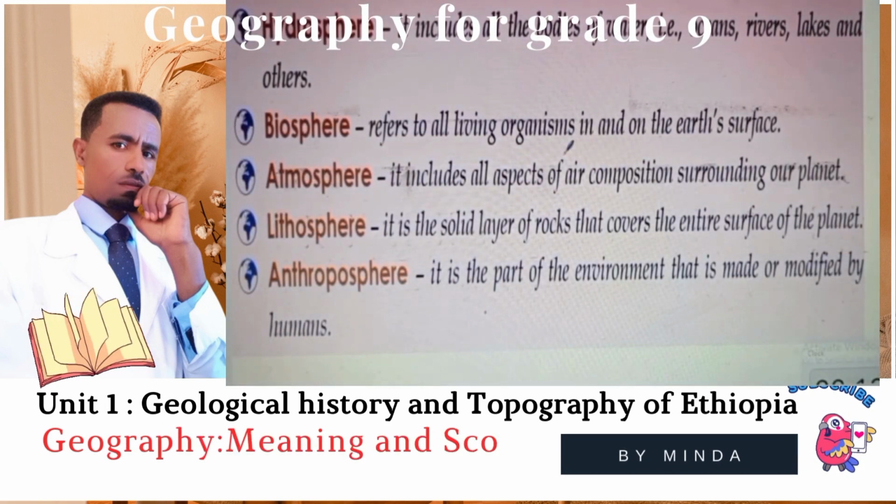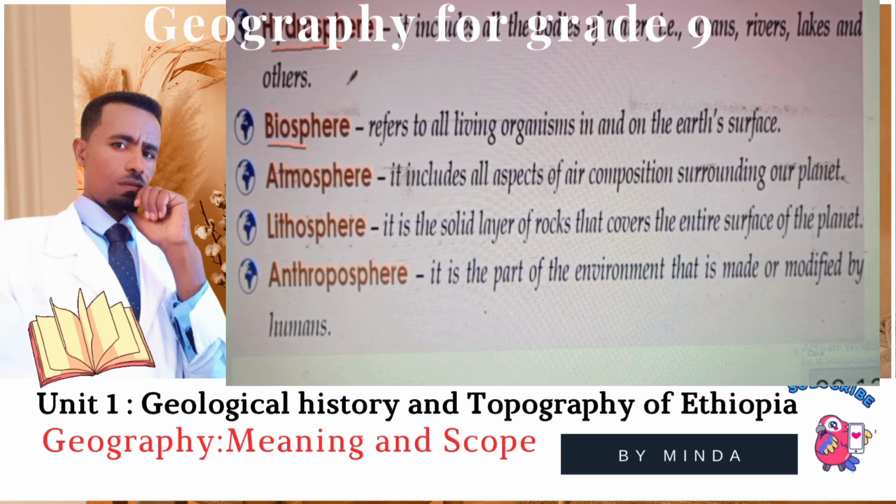Okay. Here we have the five scopes of geography. Hydrosphere includes all bodies of water, that is oceans, rivers, lakes, and others.